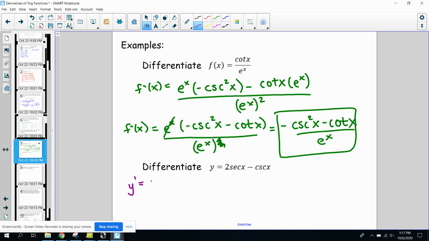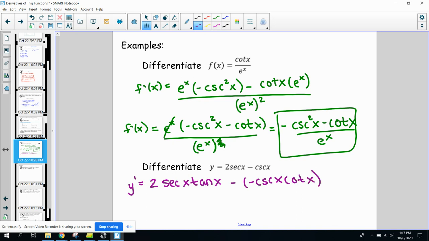So the 2 is going to stay. Derivative of secant is going to be secant tangent. So I'm going to do 2 secant x tan x. And then the derivative of cosecant is going to be negative cosecant x cotangent x.